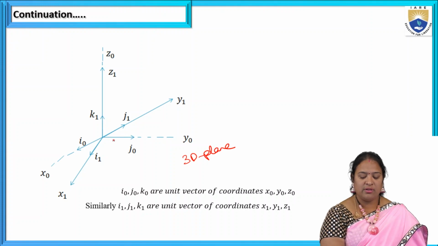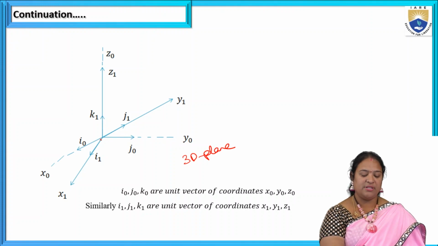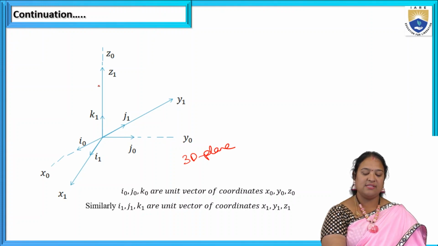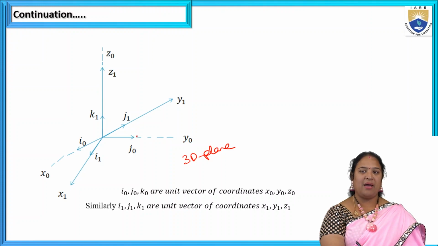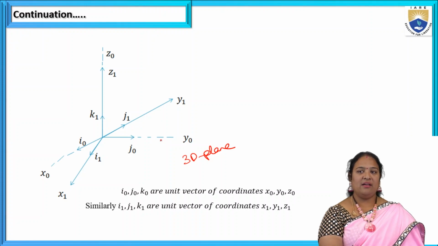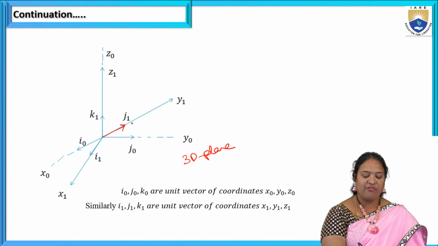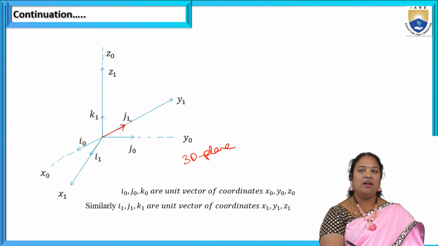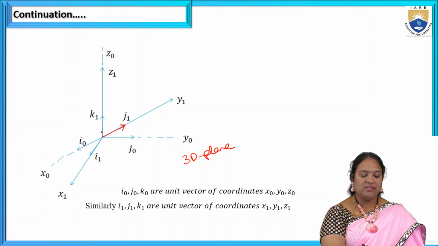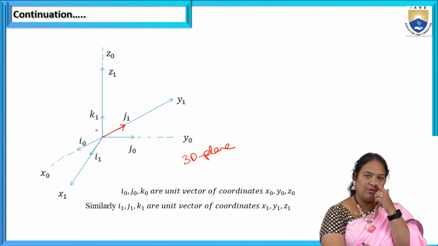Now, as we know, this is the axis y0, this is the axis x0, and this is the axis z0, right? Now, this is rotating with some angle theta, where the axis y0 rotates by some angle theta to the axis y1, which gives a unit vector j1, right? And this z0, as I've told you, is always perpendicular.